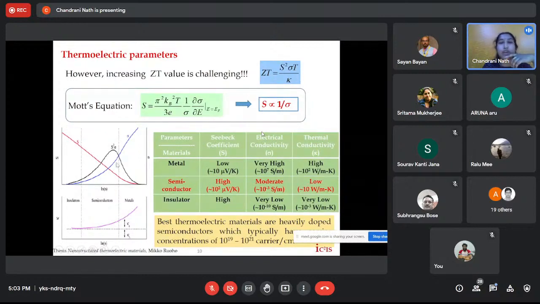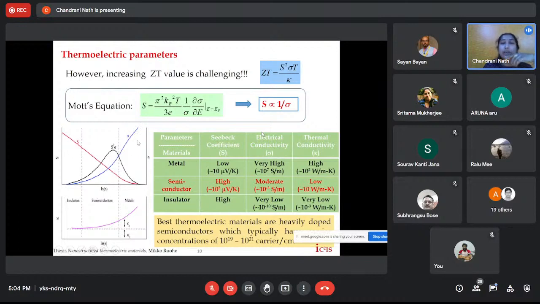That means if we try to increase the conductivity of a material by doping, by increasing the carrier concentration, on the other hand the Seebeck coefficient will continue to decrease. So we should tune our material in such a way that we get a maximum value of the power factor, S square sigma, somewhere in between in the carrier concentration.